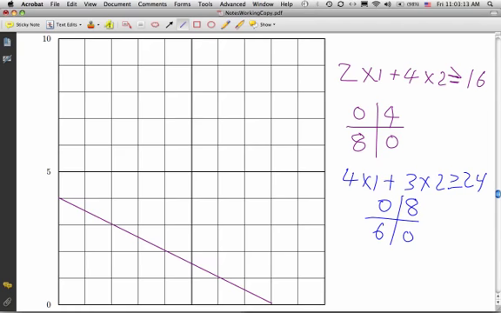So there's 0, 8, and we go down here to 6, 0. And we're interested in this side of the line, this side of the purple line, of course this side of the axis, and this side of the axis. The next thing we need to do is plot an objective function line.